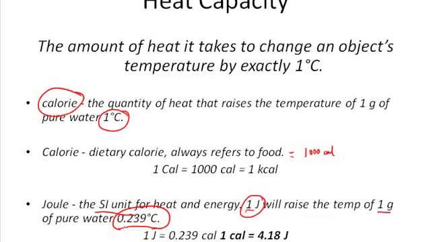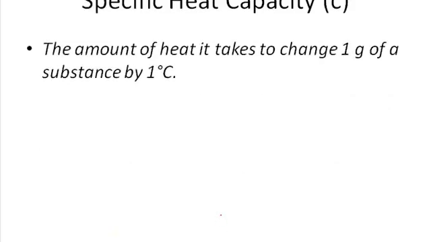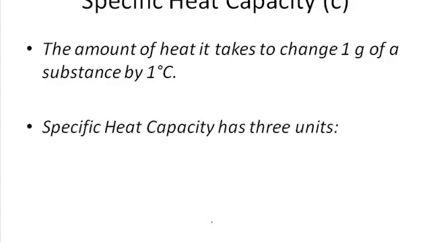And here's your conversion: 1 calorie is equal to 4.18 joules, or 1 joule equals 0.239 calories. Specific heat. Specific heat is the amount of heat it takes to change 1 gram of a substance by 1 degree Celsius. Specific heat capacity has 3 units.